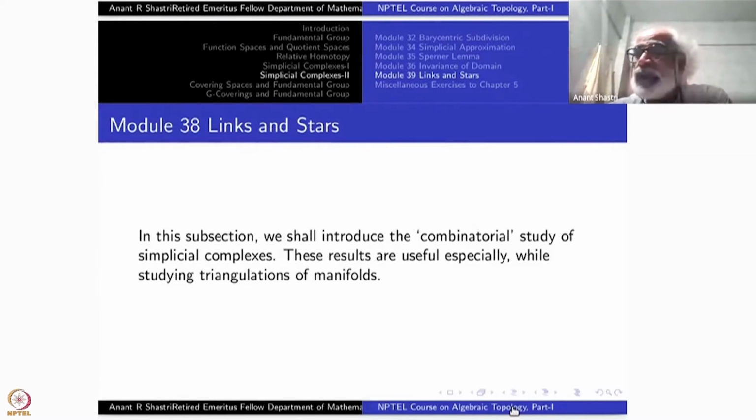Combinatorial relation is precisely which face is where, that kind of information. These things are useful if we are doing many more combinatorial problems and also triangulation of manifolds and various things, polyhedral topology and so on.